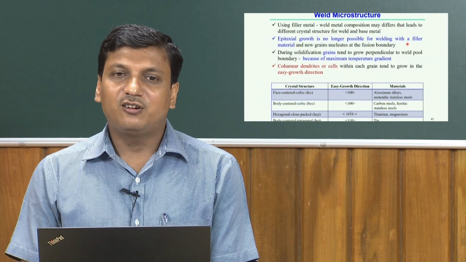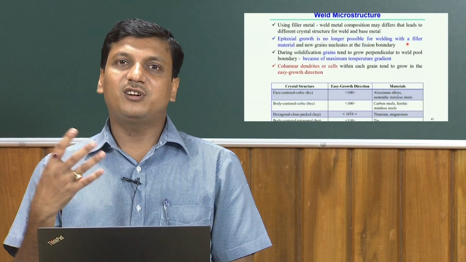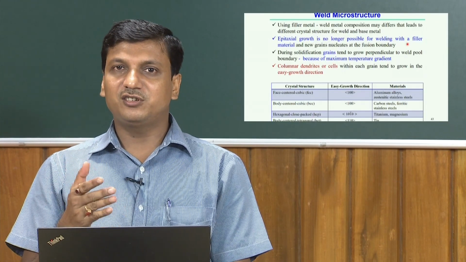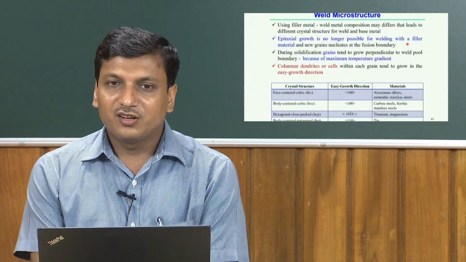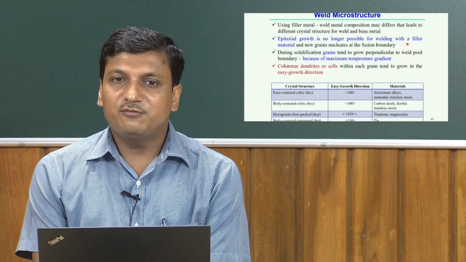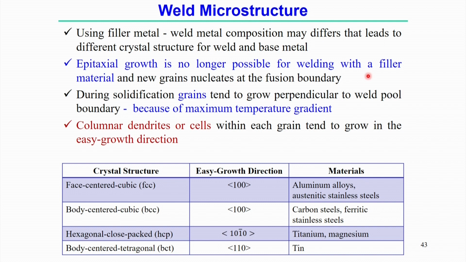BCC materials also have 100 as the easy growth direction, which is why in one unit cell, 100 is along one of the edges. Carbon steel, ferrite, and stainless steel also have the easy growth direction along the edge of the unit cell, that is, the 100 direction.